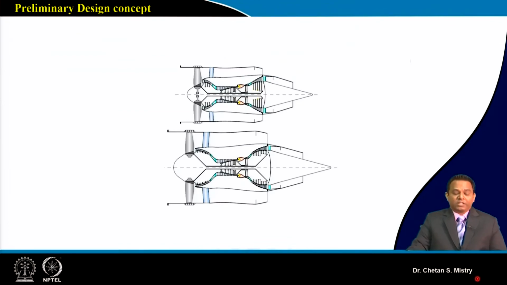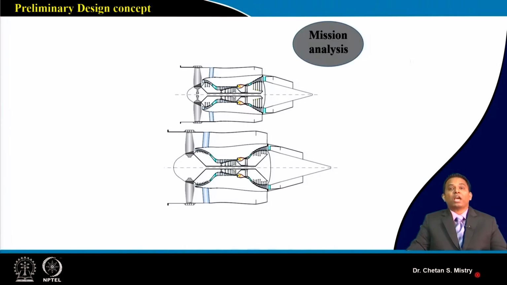Suppose we are targeting a special kind of engine to be made for a particular aircraft. We are going to start thinking from the very beginning. Suppose we are looking for a new engine for an aircraft. In order to start, we must have information about the mission.